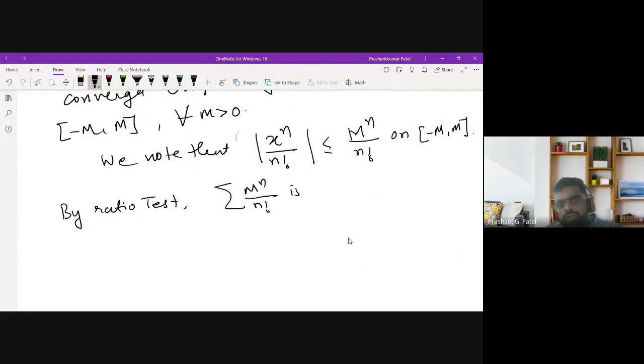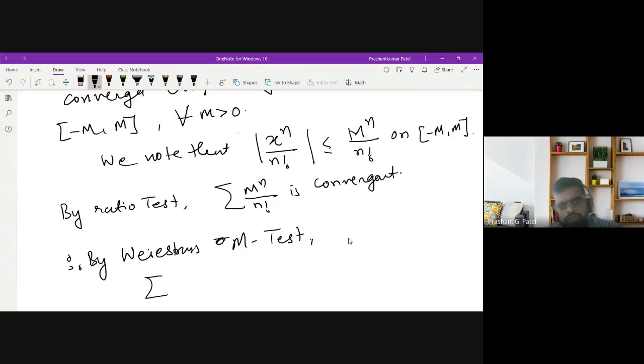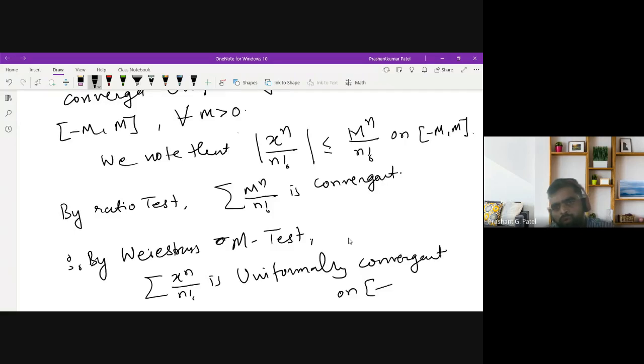Therefore, by Weierstrass M test, we say that summation x raised to n upon n factorial is uniformly convergent on this interval minus m to m.